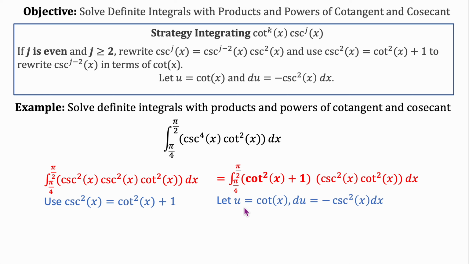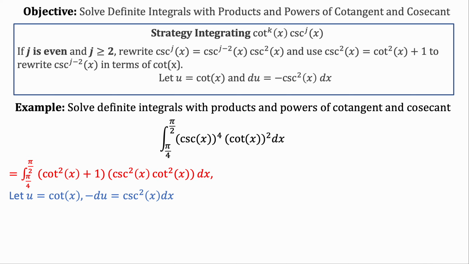And we're going to let u equal the cotangent of x. So you're going to see a u squared in this spot, and a u squared in that spot. We need to replace cosecant squared of x dx in our problem. You'll notice that the derivative has a negative in front, so we do have to account for that. So let's do that substitution.